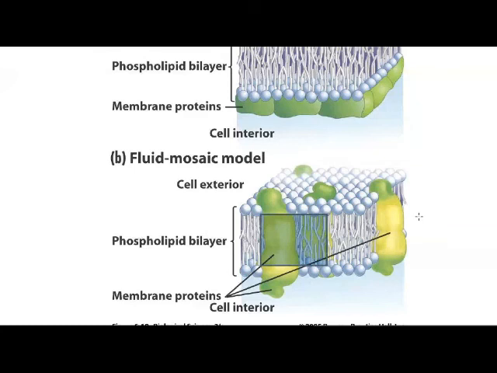This portion of the proteins is composed of hydrophobic amino acids, so they can interact with the hydrophobic tails. And another portion of the protein, this one that is either exposed to the outside or inside the cell, is composed of hydrophilic amino acids. Okay?